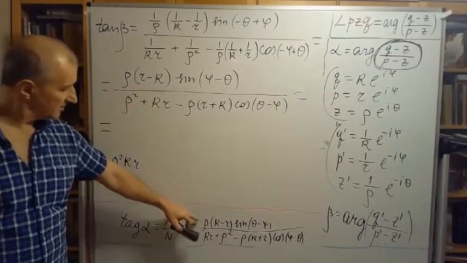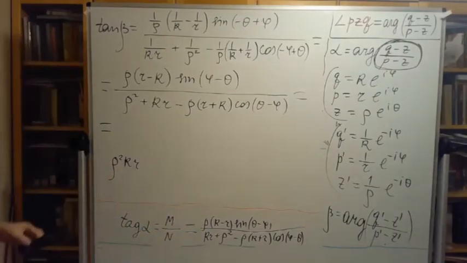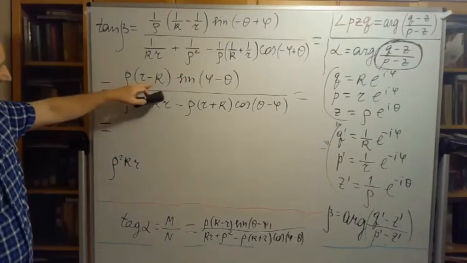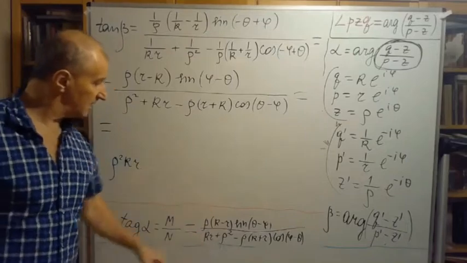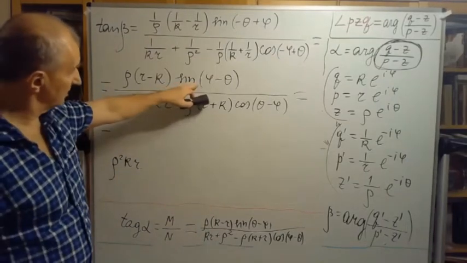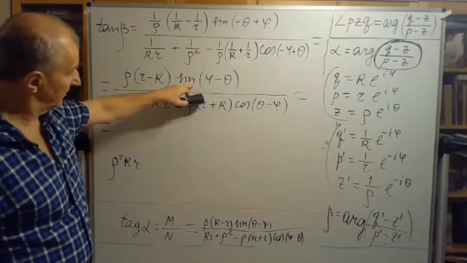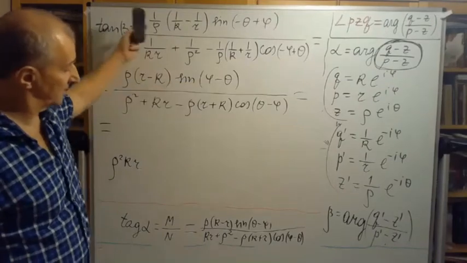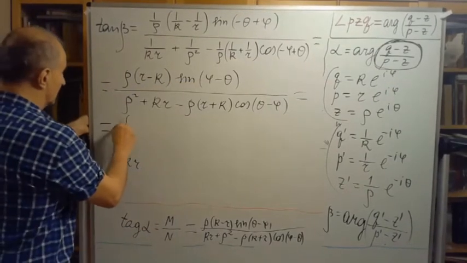Are these expressions different? Let's see. If I replace r minus r with r minus r, I will get minus. So I will have negative sine of phi minus theta is sine of theta minus phi.